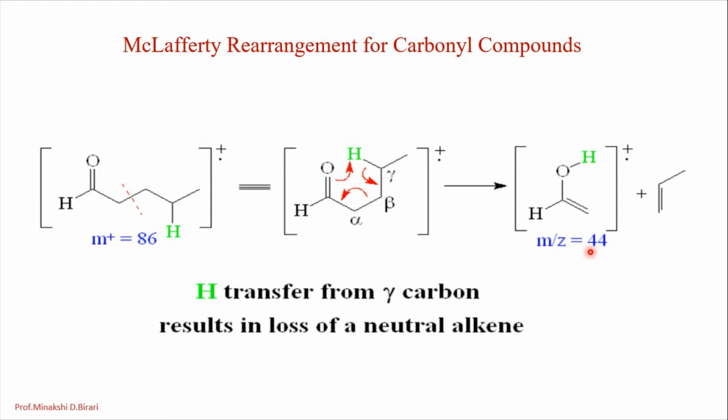So here the H transfer from the gamma carbon results in loss of a neutral alkene. The neutral alkene is eliminated during the fragmentation.